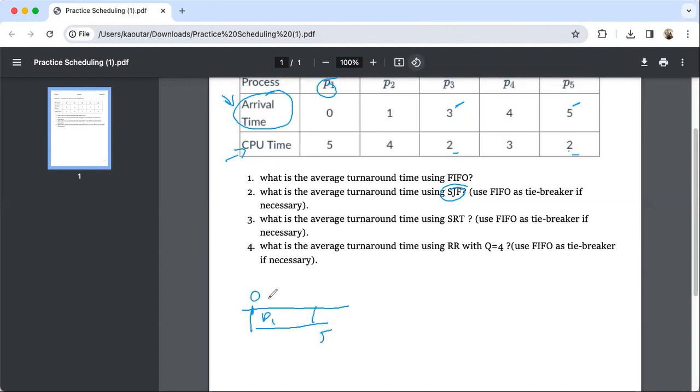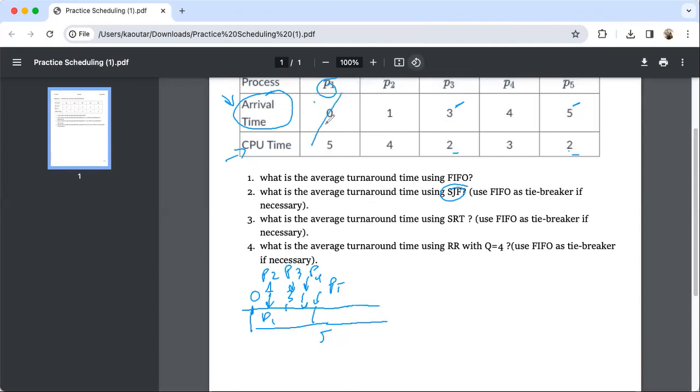Okay, so in the meantime, again, at time 1, I have P2. At time 3, I have P3. At time 4, I have P4. And then at time 5, I have P5. So by the time P1 is done executing, all of the other processes are already in the queue.